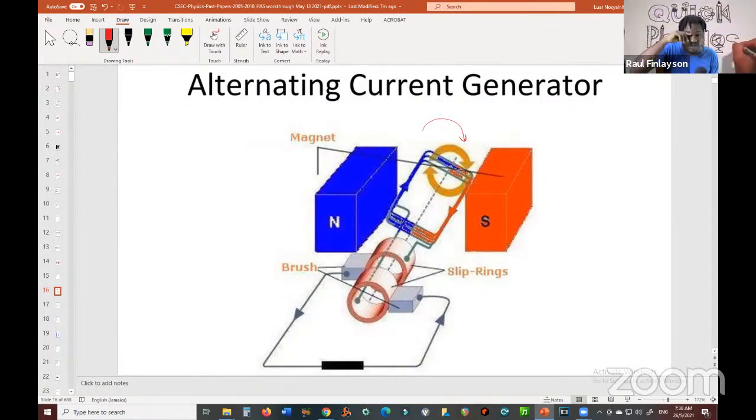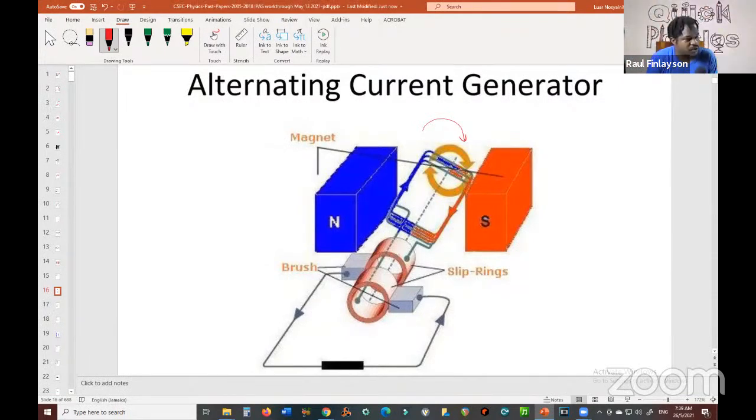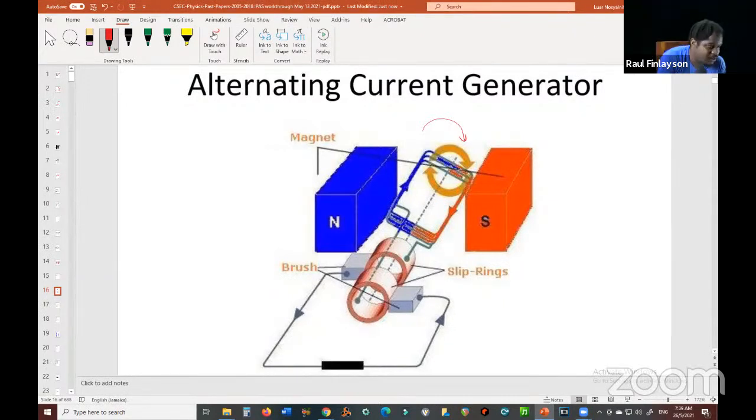So basically, with this system, guys, the rotation of a coil of wire in the magnetic field is such that for half of the turns they'll be facing the north pole, and for the other half they'll be facing the south pole. That's like, for example, the earth.